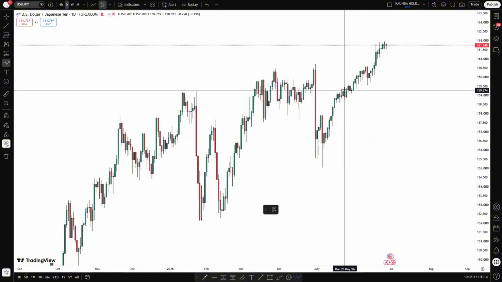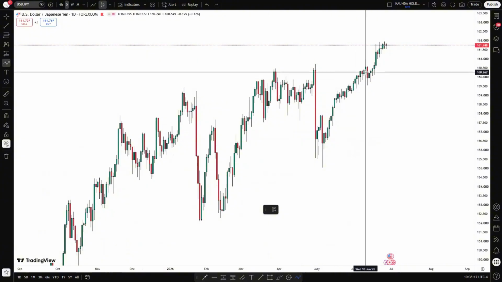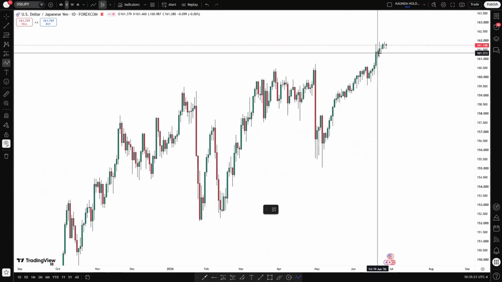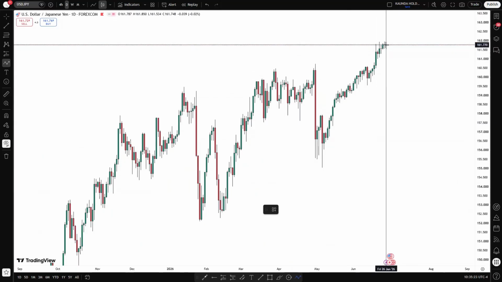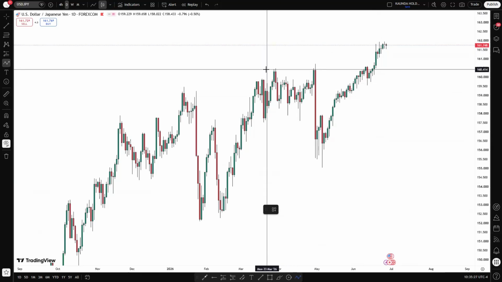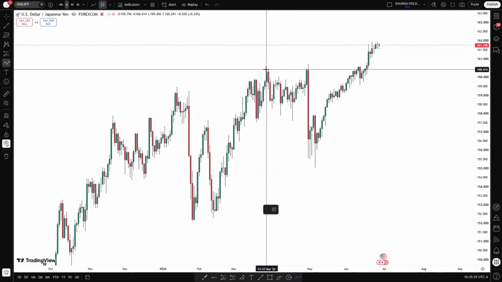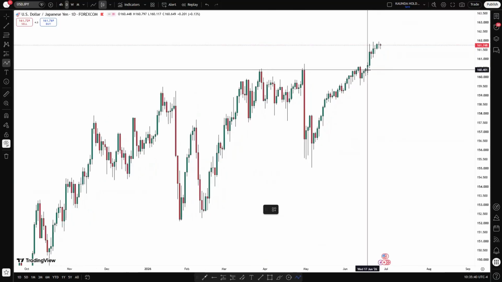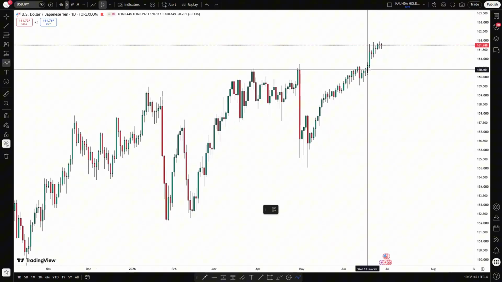Then it started making highs, high lows, high highs, high lows, high highs, and then it made another high. So it's only right that price should come to this level. And I've not even added any drawings so that you are not moved by the drawings, but by what's just appearing in the charts. Okay?